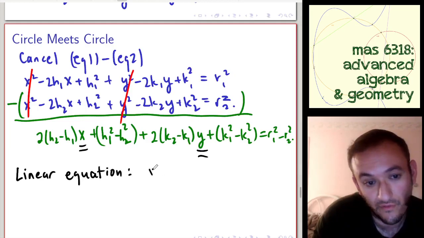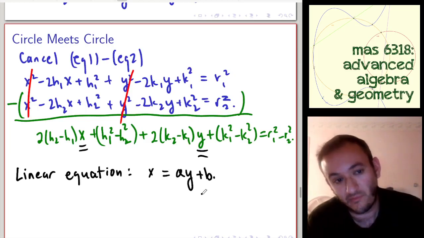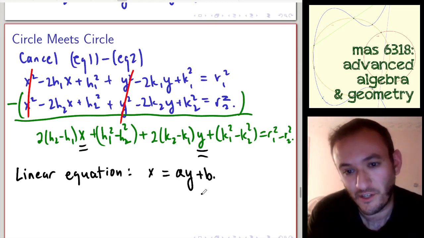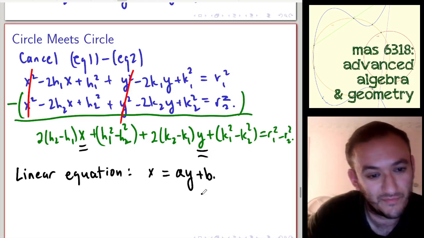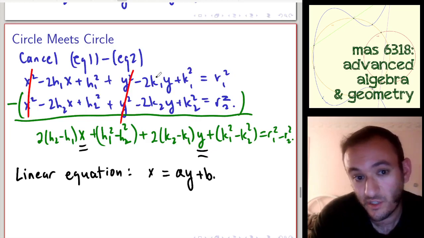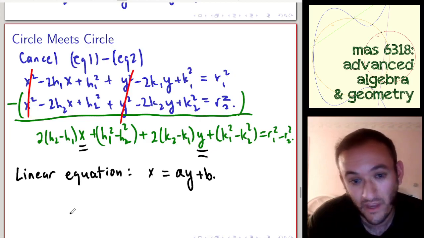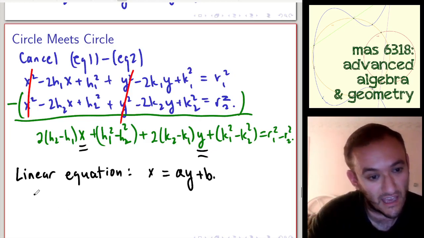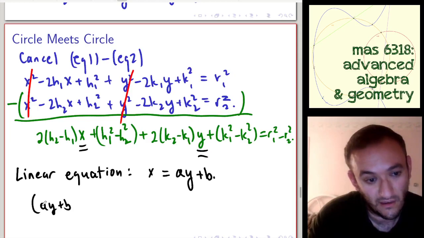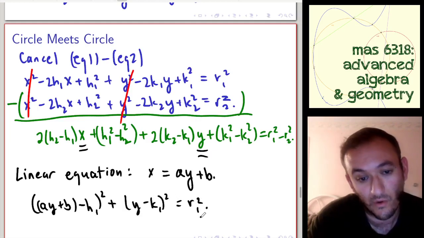So we can solve for x as ay plus b, okay, where a and b are some function of the h's and k's and r's here. Okay, and so once I have x equals ay plus b, which I'm deducing from these 2 equations being simultaneously true, I can plug that into one or the other equation, and then I'll get something that looks like (ay plus b minus h1) squared plus (y minus k1) squared equals r1 squared.